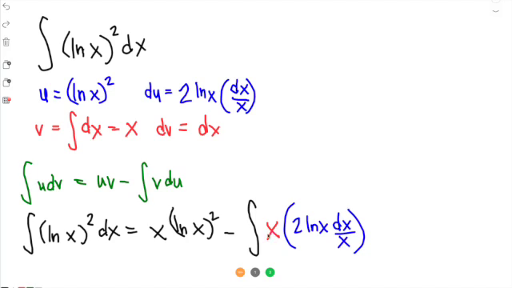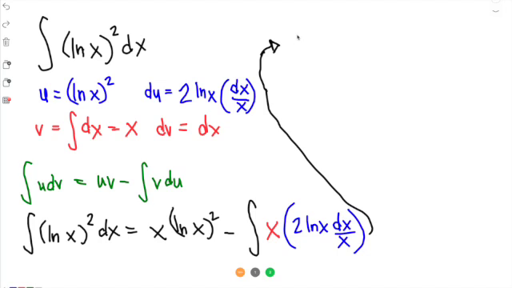As you can see, we can cancel out this x, so what remains would be our answer. Let me do this here.